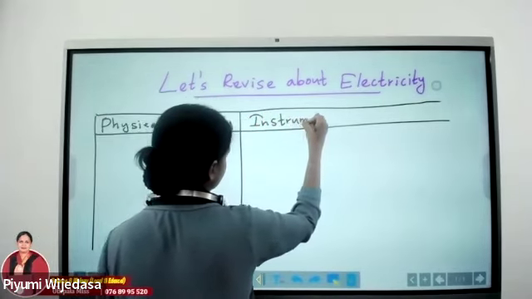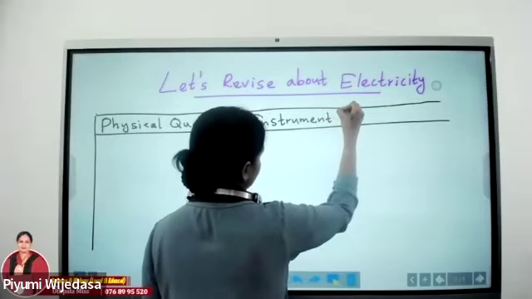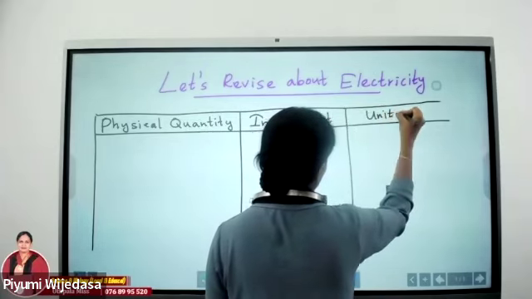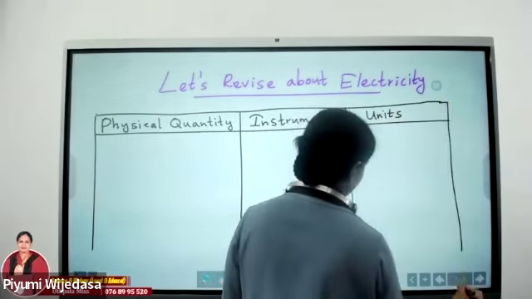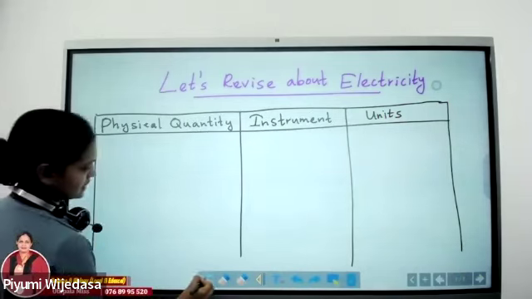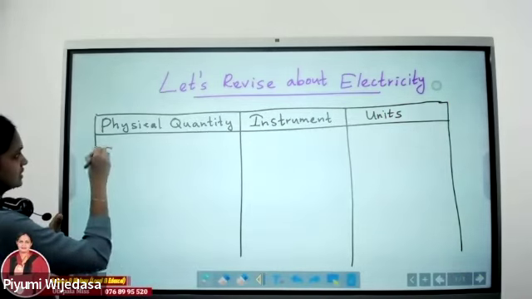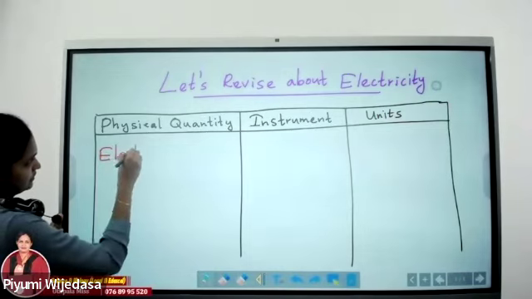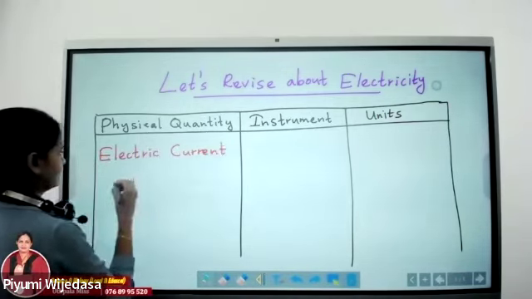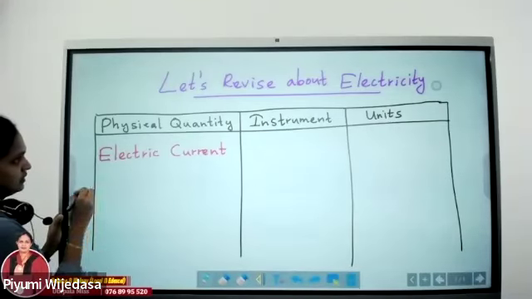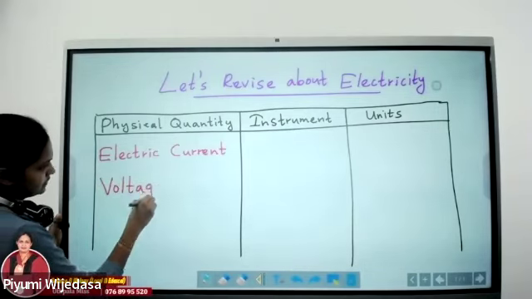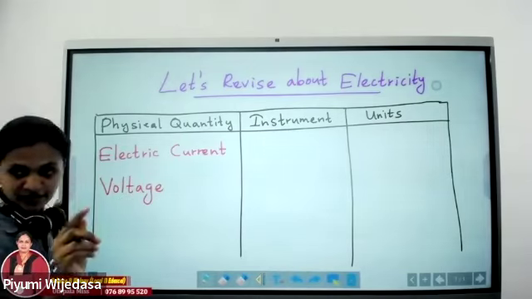Instrument or instruments. Then the units used to measure them. So first I will say electric current. Then the voltage or the potential difference. So if there are more than one instrument, you can mention those.